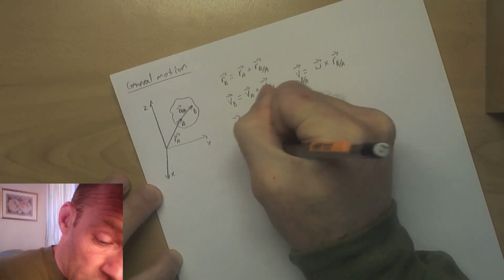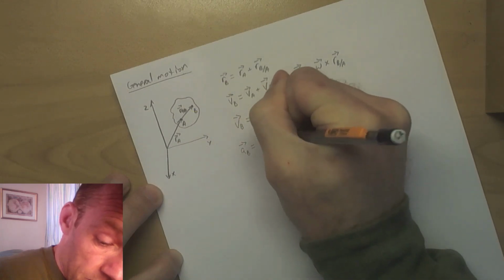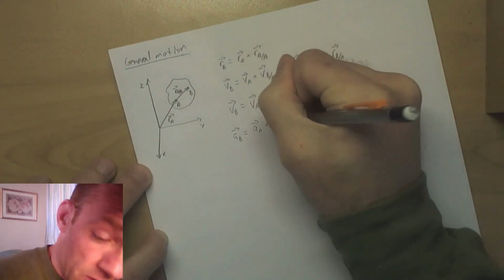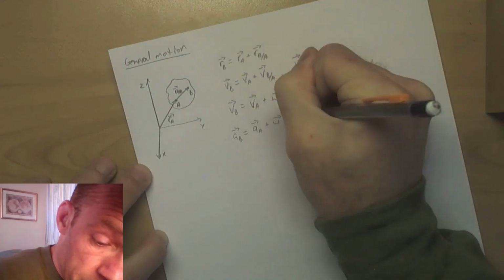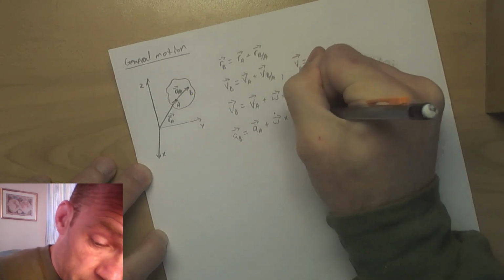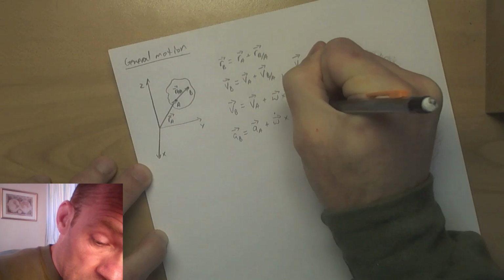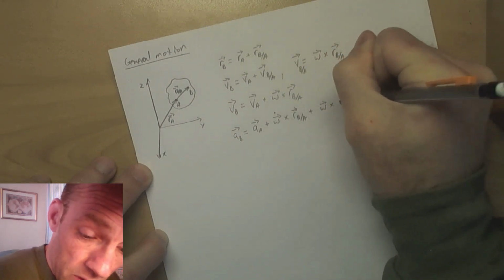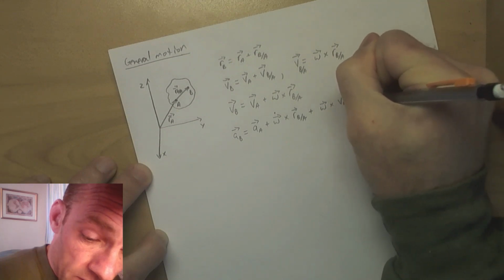And then we can just differentiate that one more time. We take the derivative of the first, cross with the second, and we have to add the first cross with the derivative of the second.